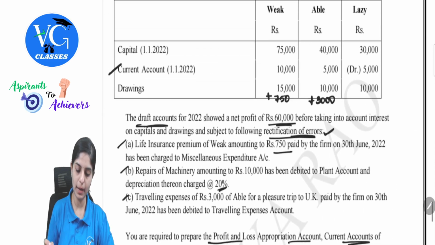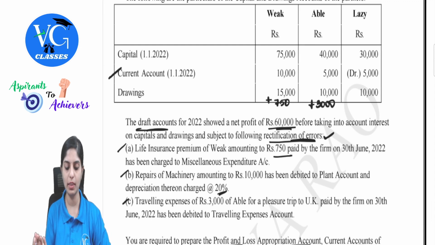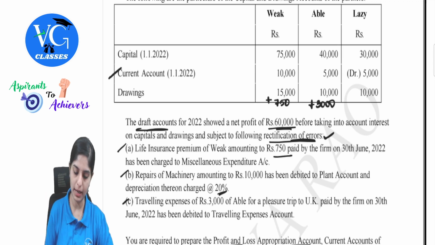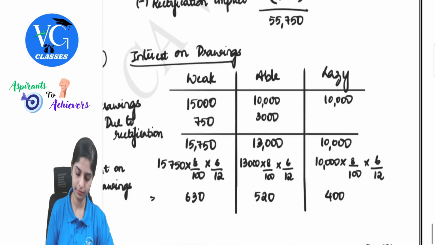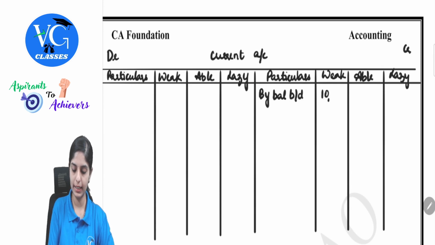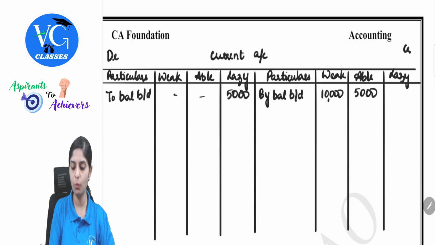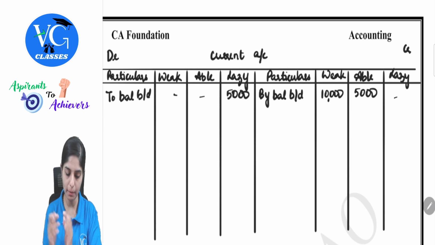Current account, what balance is given for Weak and Able? It is credit balance itself because nothing is mentioned, 10,000, 5,000. Whereas for Lazy, there is a debit balance. So by balance brought down 10,000, 5,000, and to balance brought down 5,000.